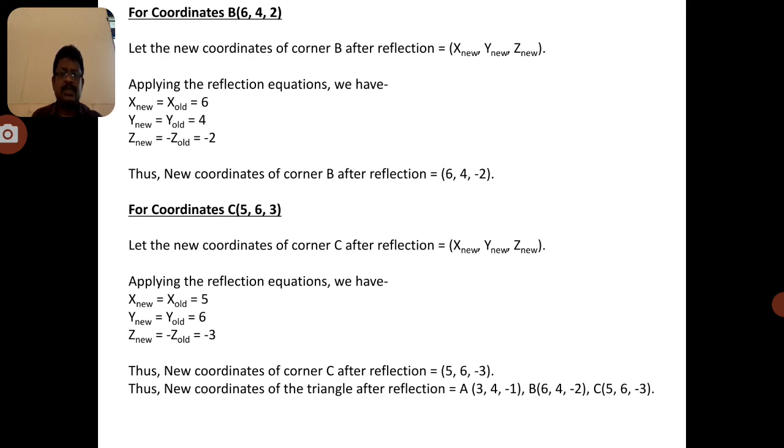Similarly we find coordinate C: applying the reflection on the xy plane, x new equals x old, y new equals y old, and z becomes negative because the impact is on the z value, that's why it is 5, 6, -3. So finally we derive the new coordinates of each and every given triangle coordinate of the object.